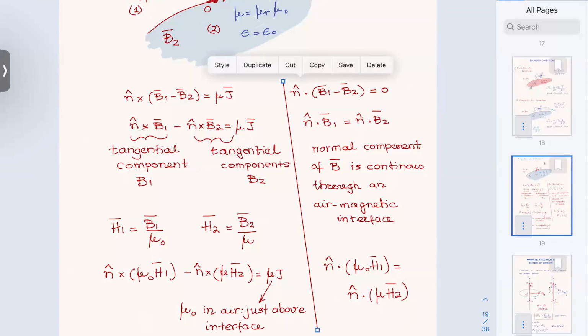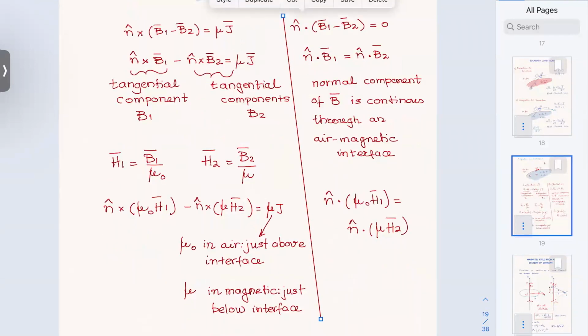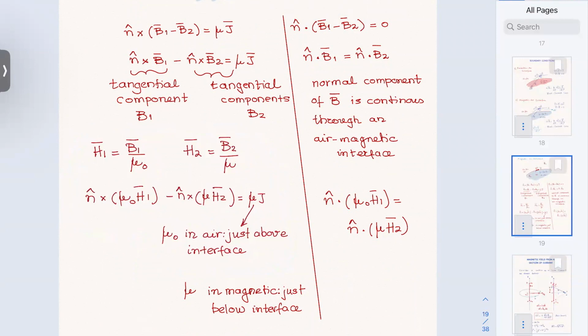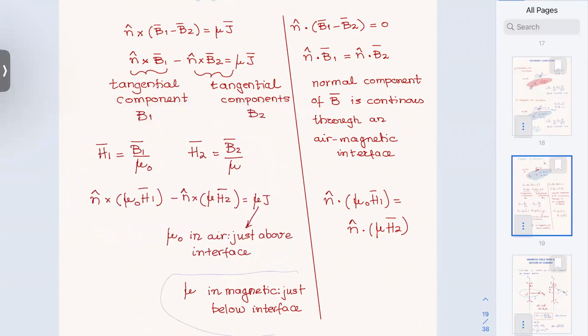Okay. So these are the boundary conditions that we should pay attention to.